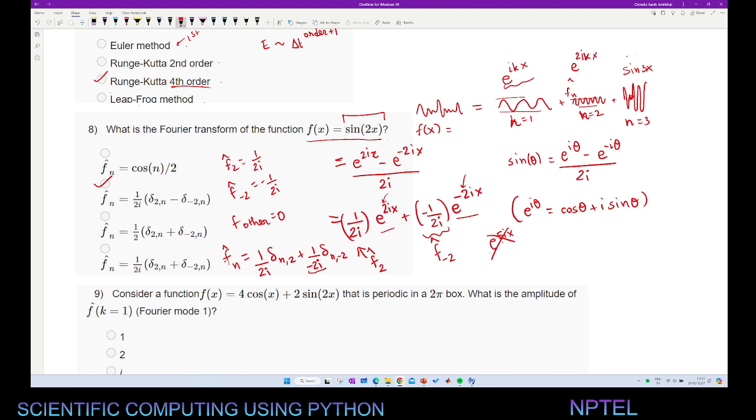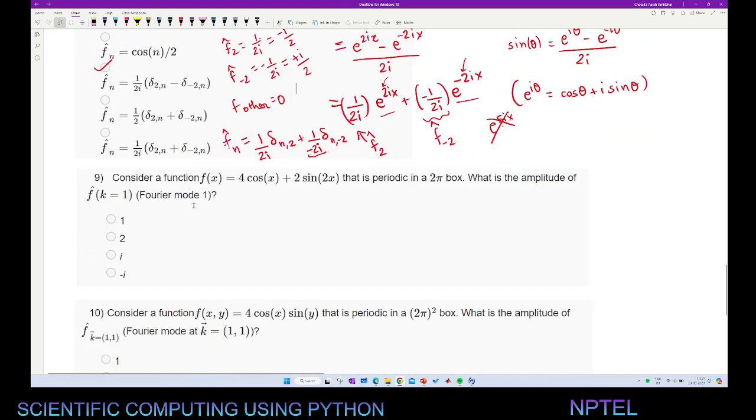And it has to be minus 2i. Why? Because look at this. F is real. What that means is that F2 has to be the complex conjugate, F2 star. So if one is 1 by 2i, then the other will be minus 1 by 2i. By the way, you can write this as minus i by 2, and this will be plus i by 2. Okay, so i becomes minus i.